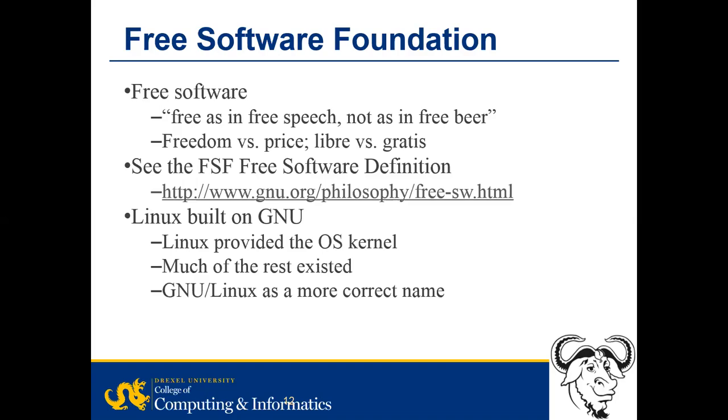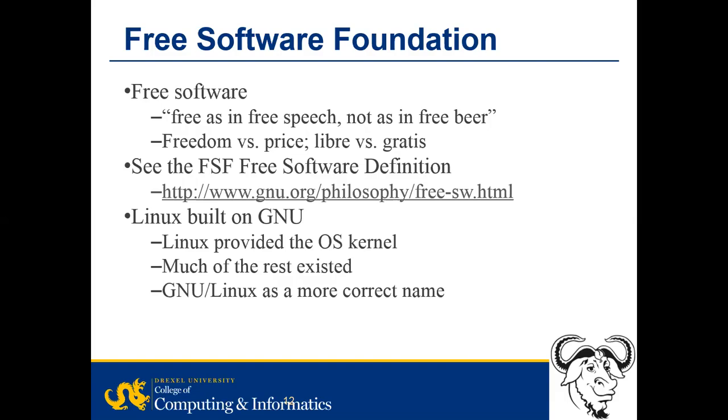But what happened instead was, along the way, a lot of an operating system had been created via this Project GNU. And somebody came along, a guy named Linus Torvalds, and he said, hey, I want to write an operating system kernel, which is kind of the core part of an operating system. And he wrote an operating system kernel called Linux and combined that with a lot of software from Project GNU.